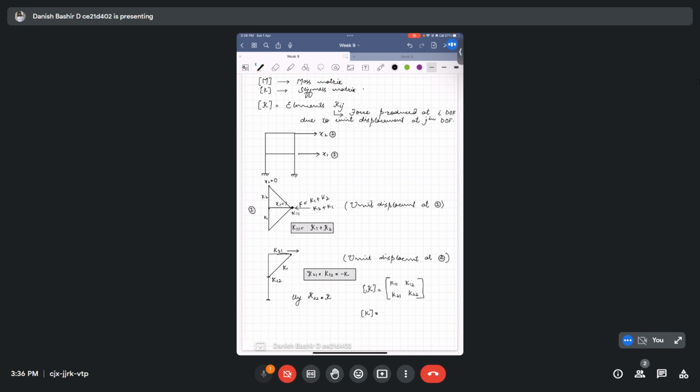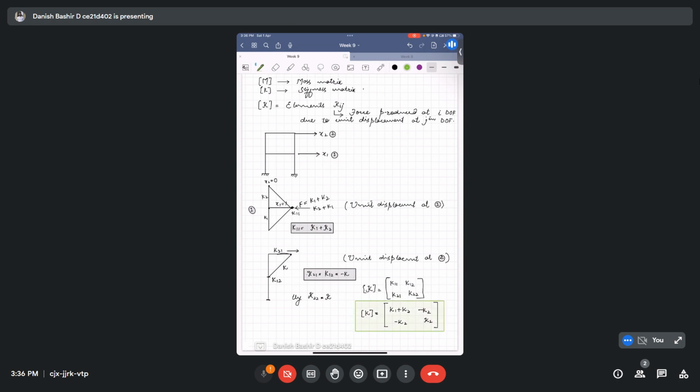K is equal to K1 plus K2, minus K2, minus K2, K2. So by this method we are also able to find the stiffness matrix.